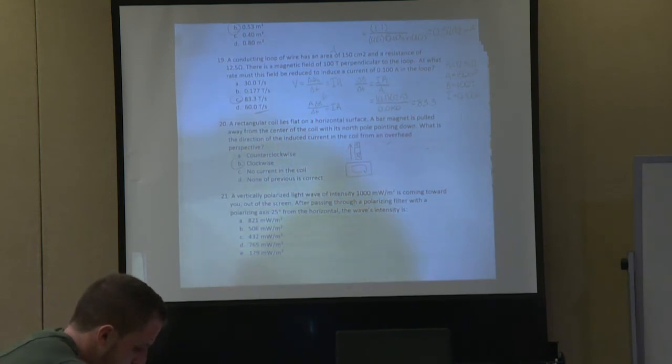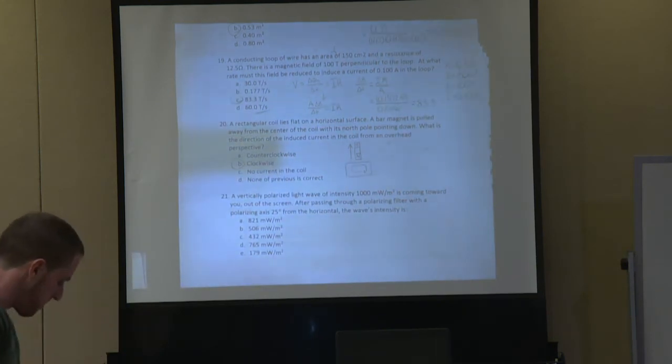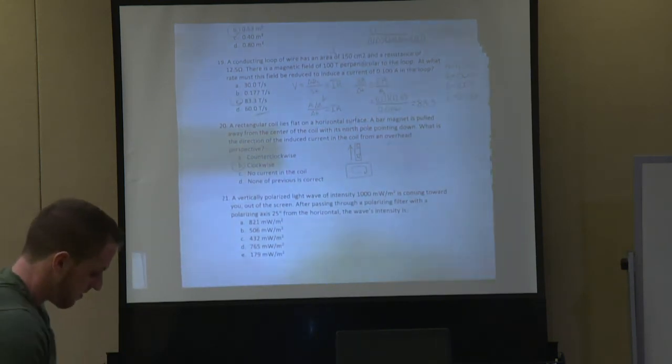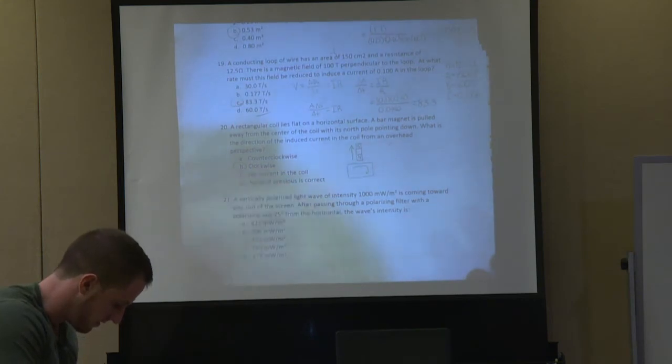Number 21, a vertically polarized light wave of intensity 1,000 milliwatts per meter squared is coming toward you out of the screen. After passing through a polarizing filter with a polarizing axis of 25 degrees from the horizontal, the wave's intensity is. So, important to highlight in this question.